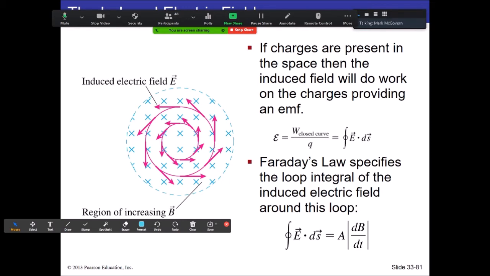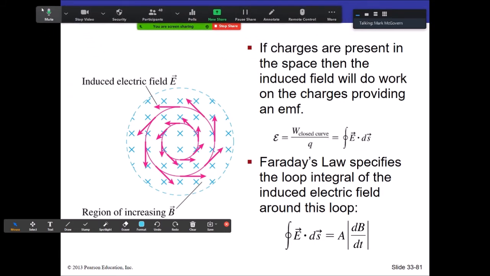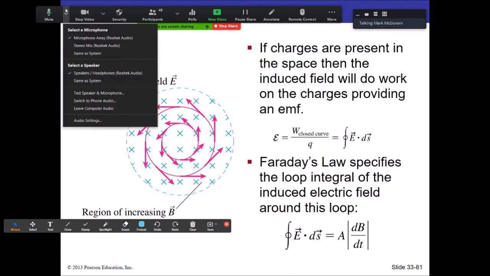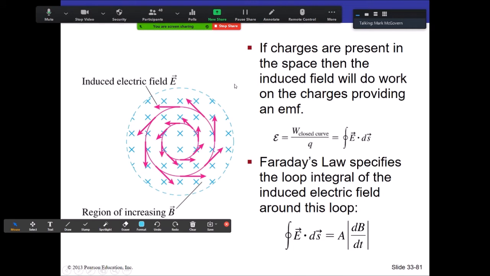That seems kind of wild, but ultimately you don't need a conducting piece there for an electric field to be generated. It's generated by virtue of the fact that the magnetic field exists and changes, and that creates the electric field.